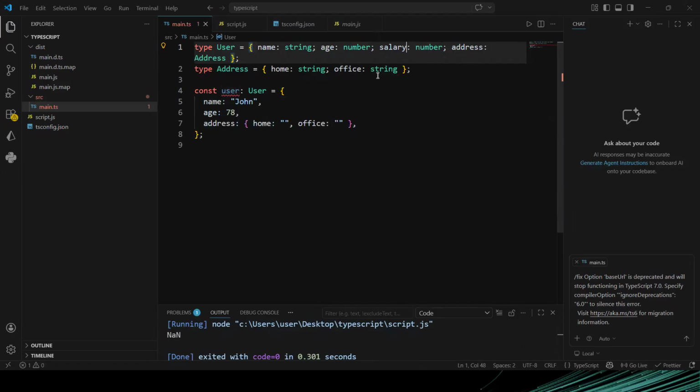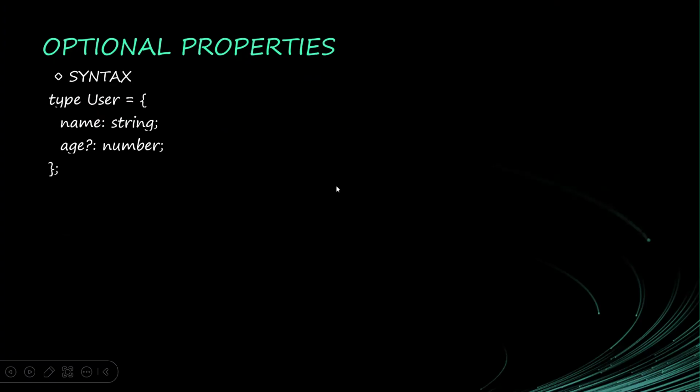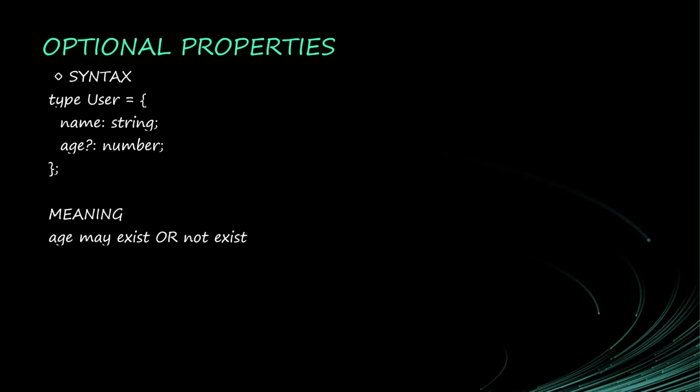If I want to make it optional, I just put the question mark. So how do you make some properties optional? You put a question mark between the variable and the colon. The property may exist or not exist, and TypeScript will not complain.